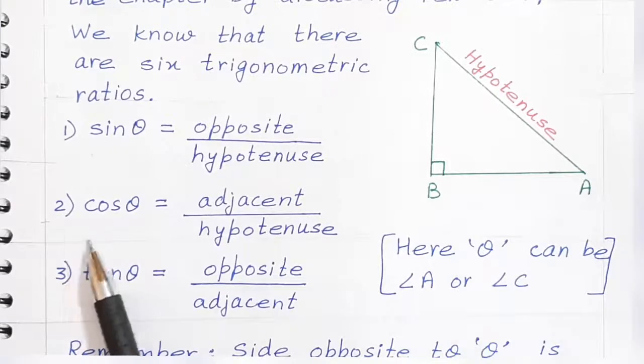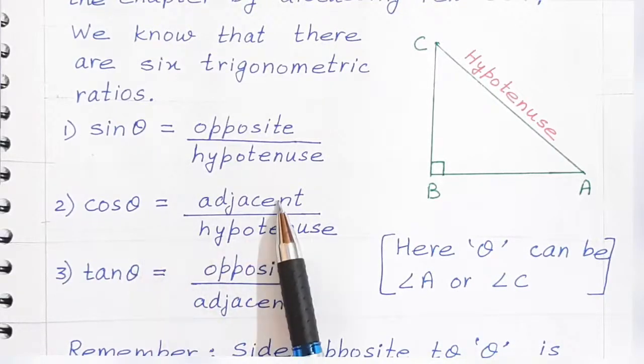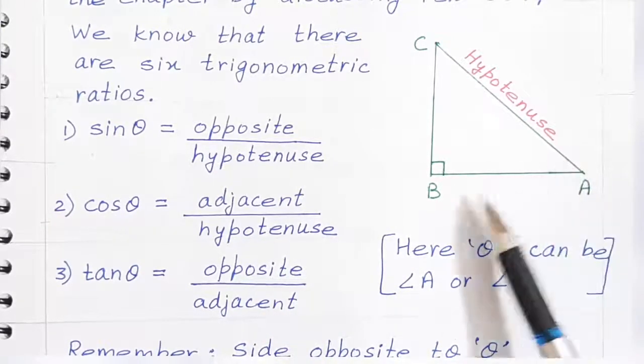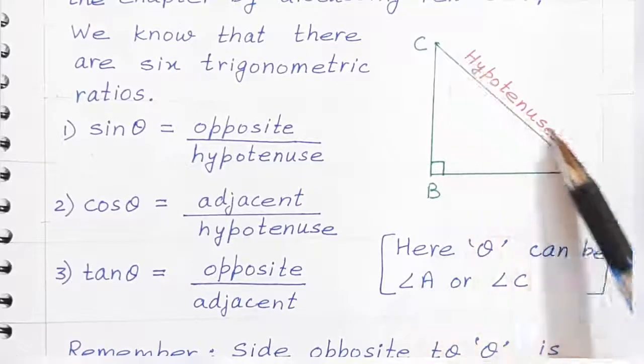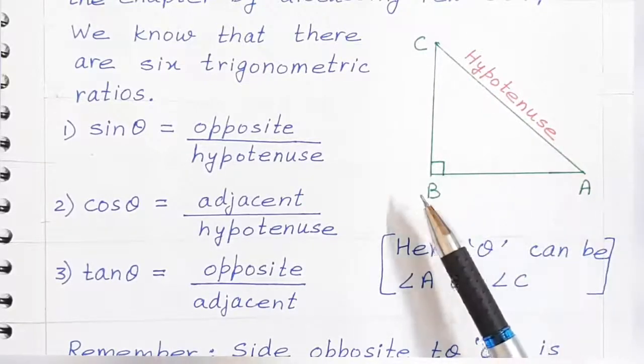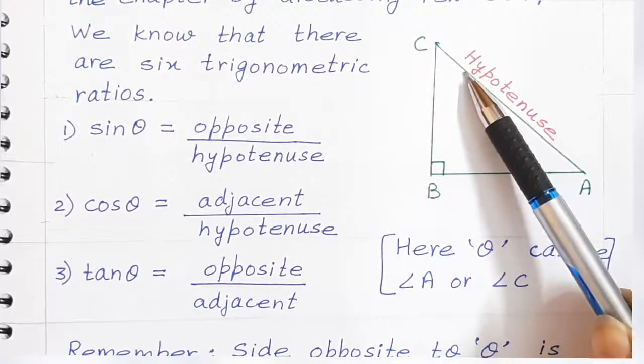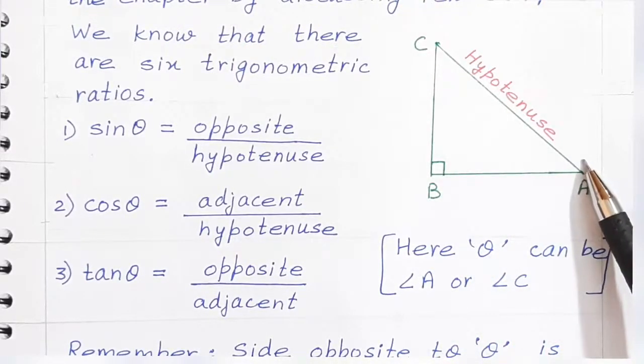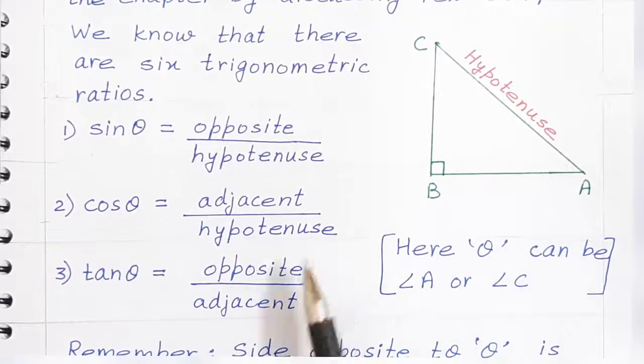Now, cos theta is adjacent upon hypotenuse. So here cos A is AB upon hypotenuse and cos C is BC upon hypotenuse. Now next is tangent theta.